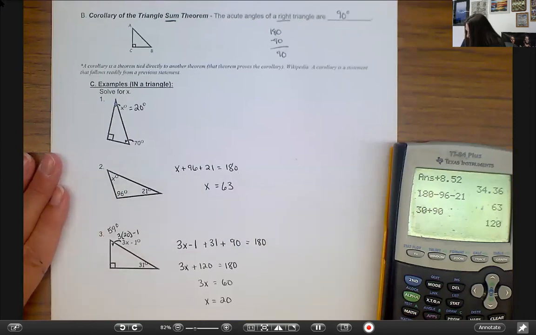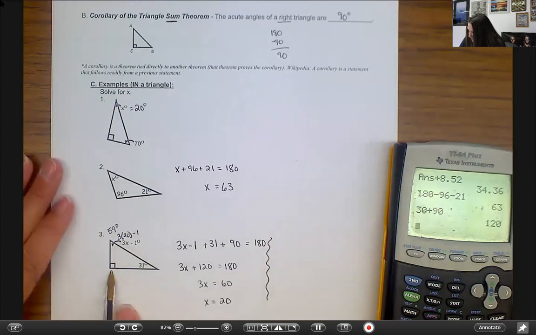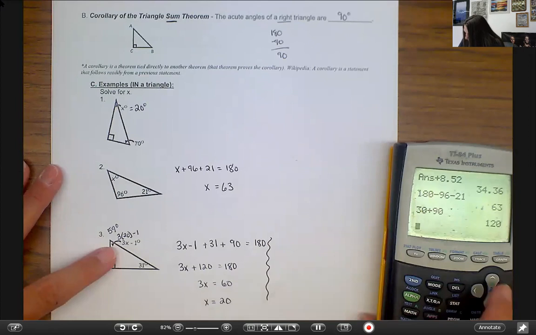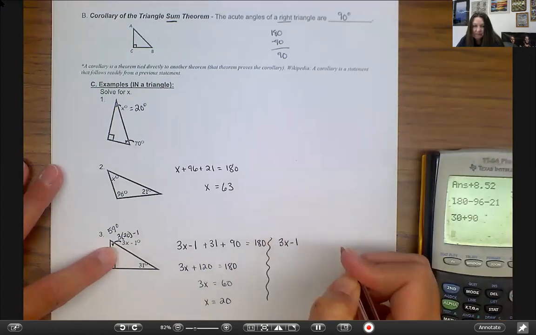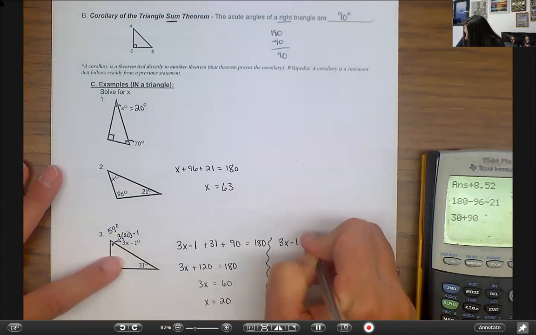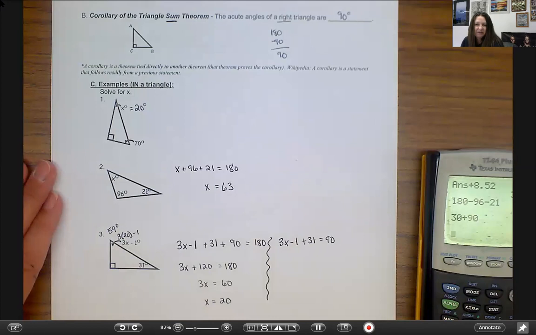And then you can see, we can check that, right? 59 plus 31 is 90, plus 90 would be 180. Now, if you recognize this from the beginning as a right triangle, you knew that these two would have to equal 90. So you could have also said 3x minus 1 plus 31 is equal to 90, and just simplified that equation a little bit quicker.